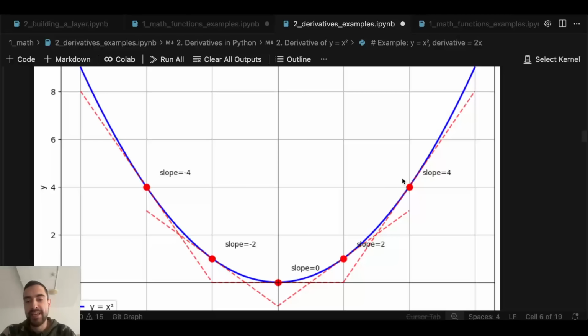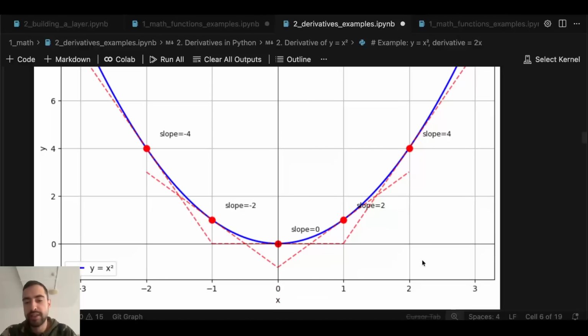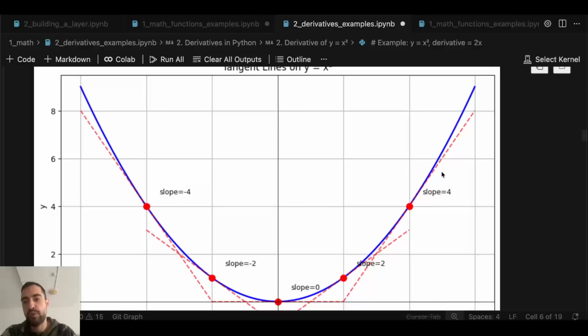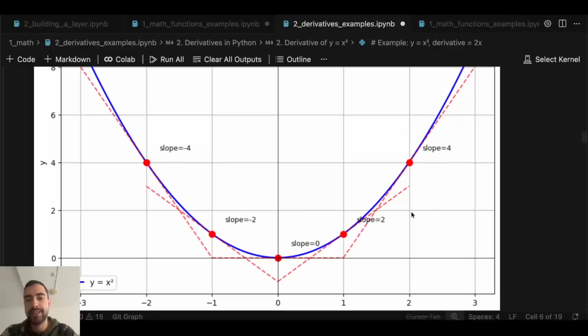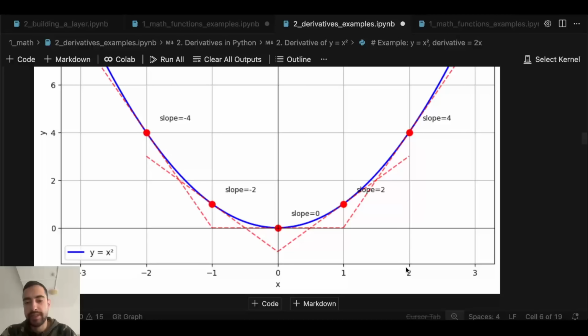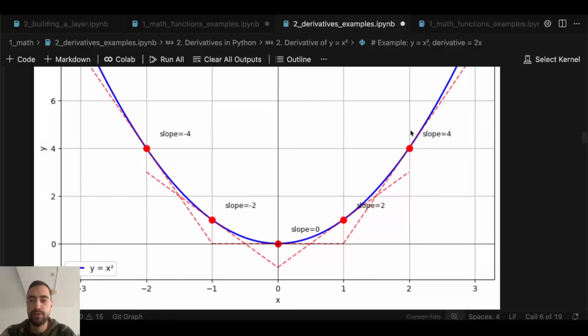That's why I say if you increase just a little bit around this number 2, the slope is 4, okay? As you move towards 3, the slope will become 6, it will increase. So if you just increase x by a little bit here, y will increase by this amount, 4 times or 6 times.